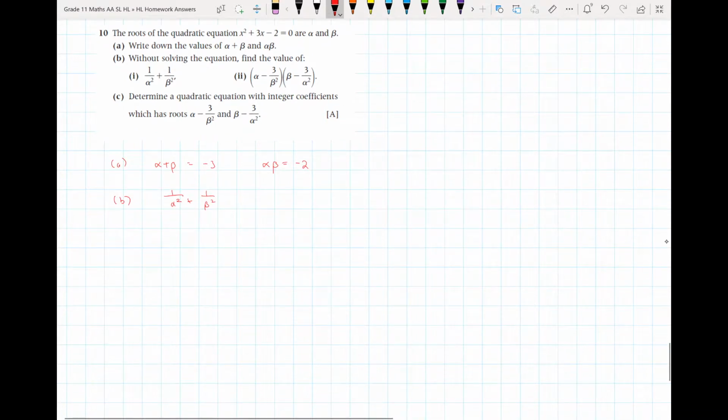So we have the sum of the square reciprocal, cross multiply, and let's write it in terms of sums and products. Substitute. And simplify.